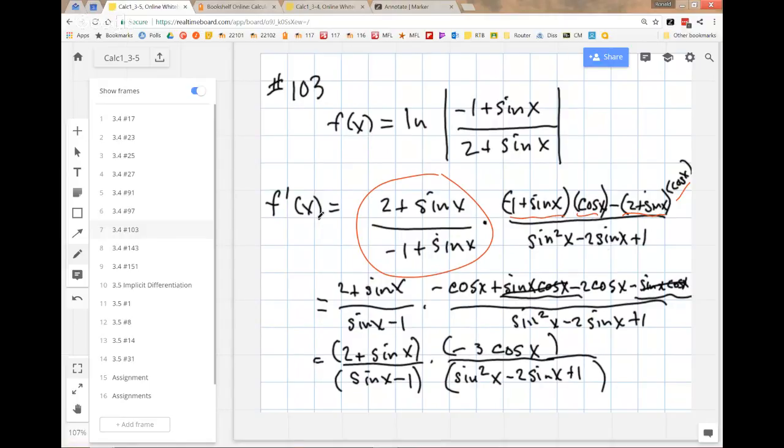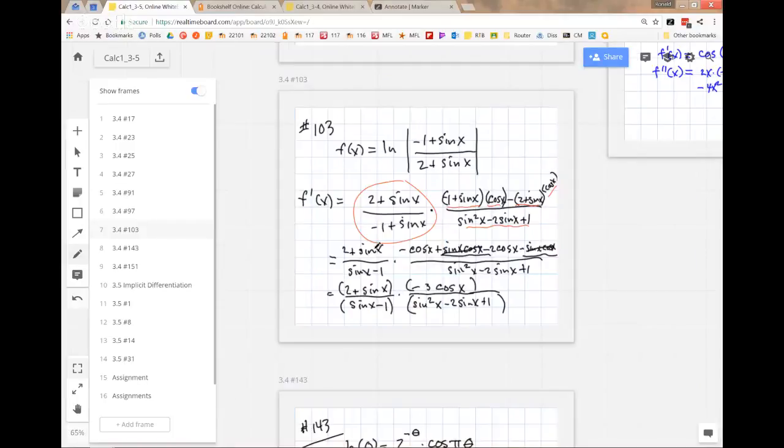Now what I did is I took 2 plus sine x times 2 plus sine x. Did I do that correctly? Let me just take a look here.